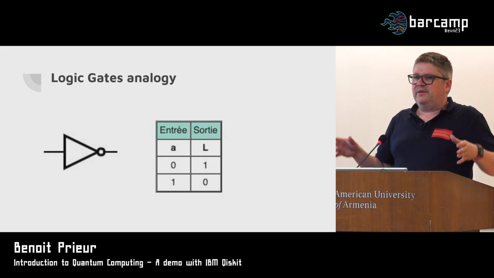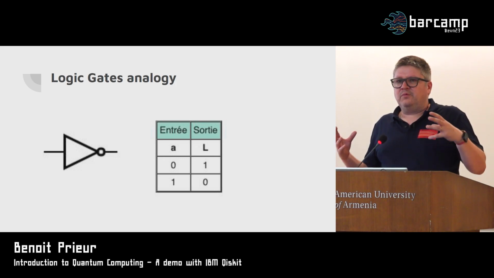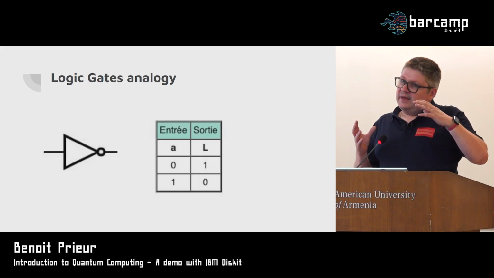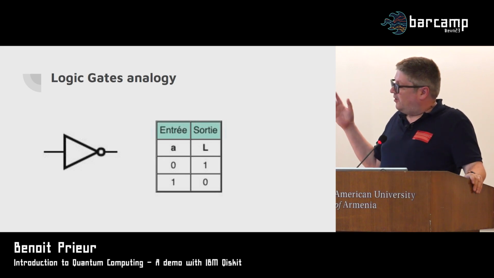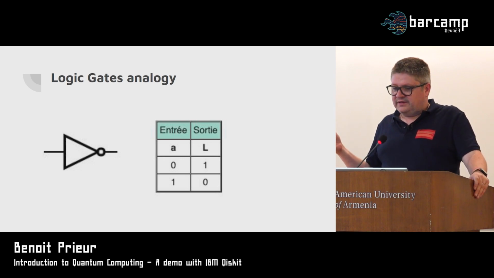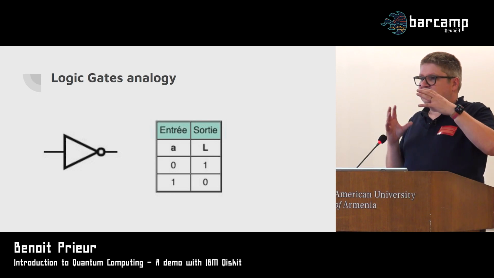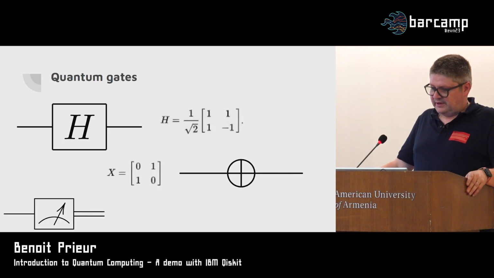So we can have as input some qubits, some quantum state of particles, and we can change the superposition. We can use this kind of quantum gates. We will see just after this one, for example, to change the situation of superposition.